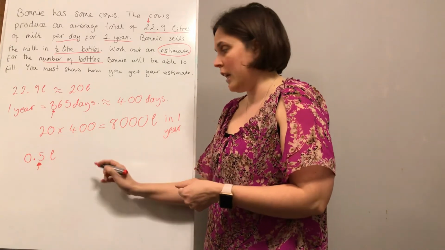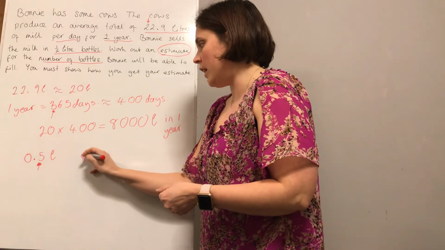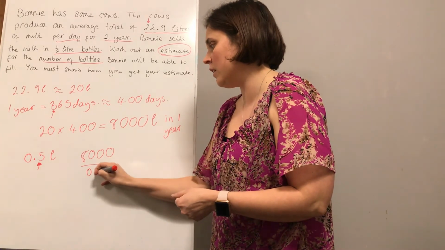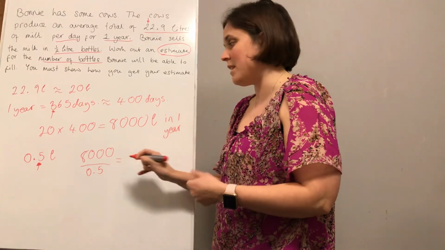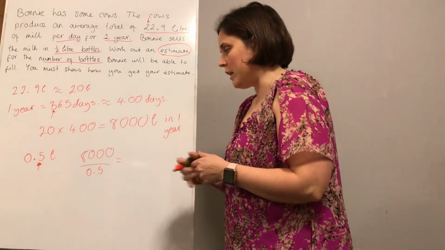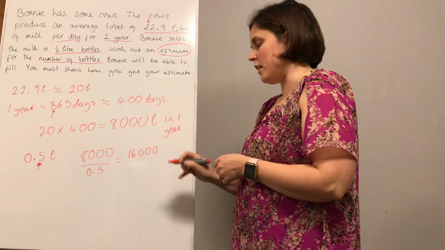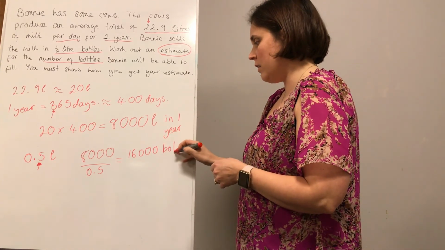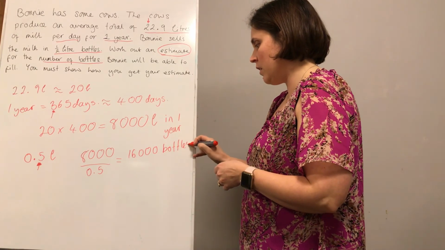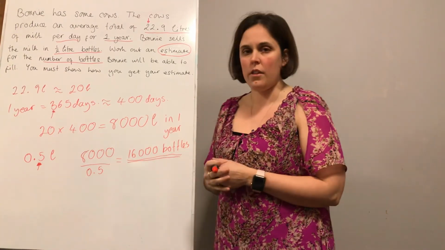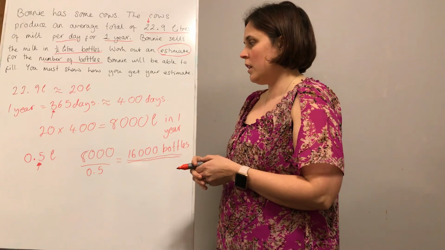Now, the actual calculation that you do is you do 8,000 divided by 0.5. But as I said, if you think about it the way that I said, I think it makes it a little bit easier. So our answer is that she can fill approximately 16,000 bottles. Okay.